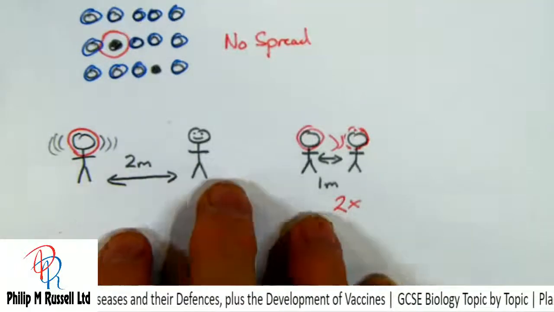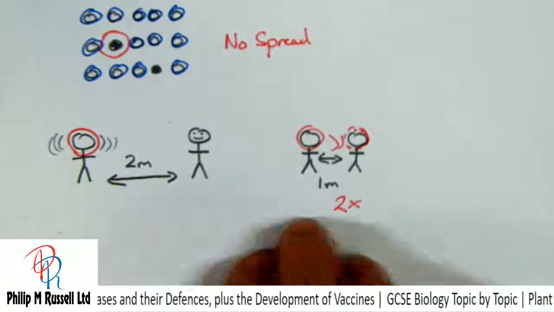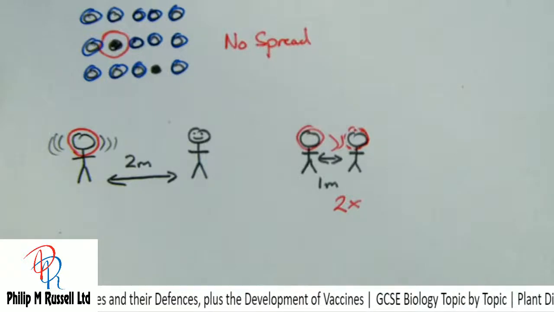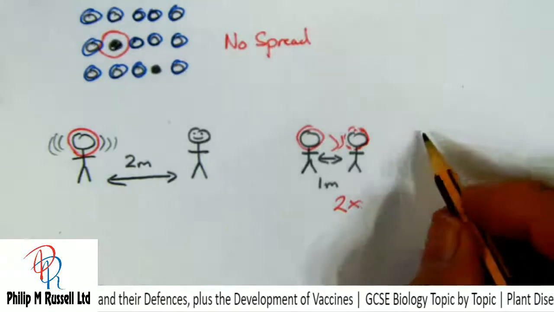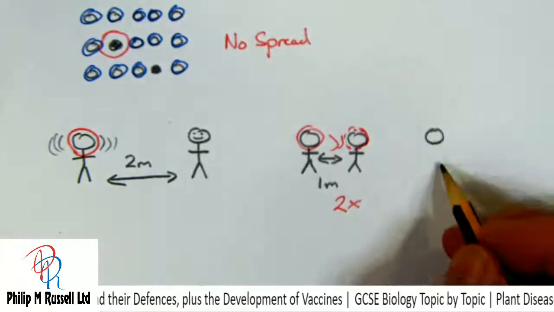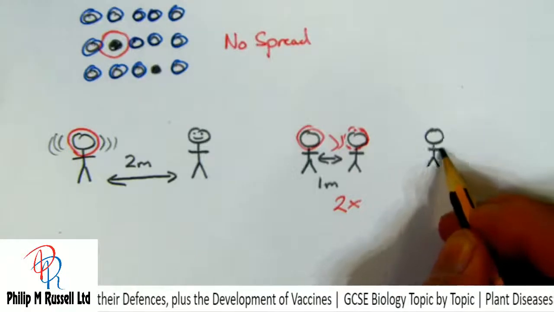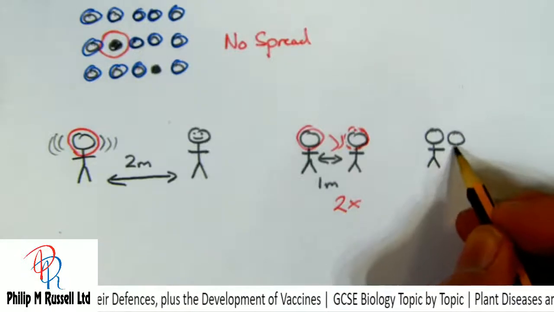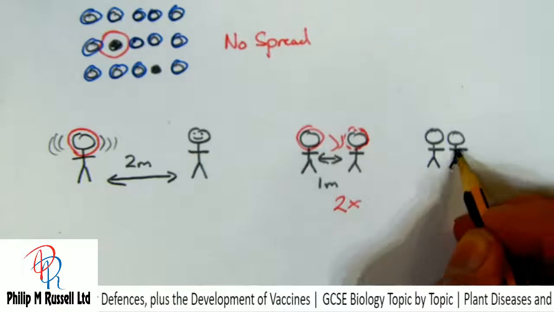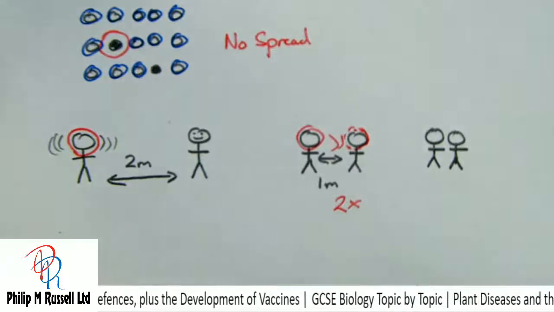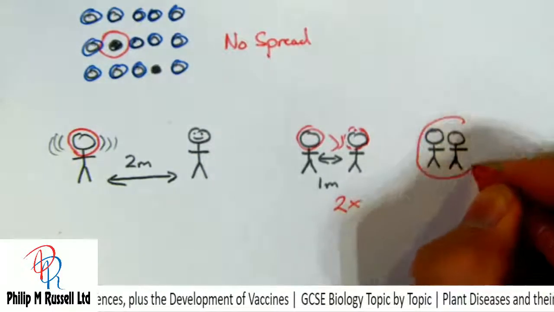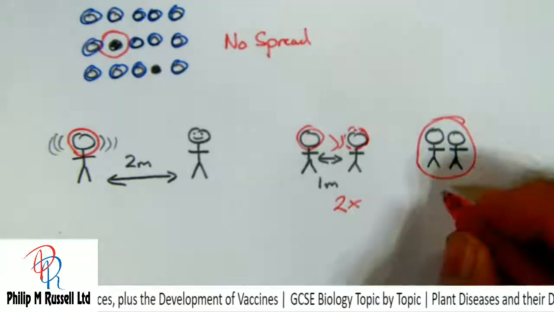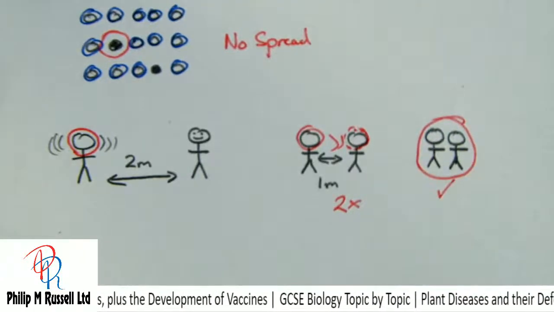But it's still only a likelihood. If we bring things down to much less than 1 metre, then the certainty of both of these getting us is going to be much higher.